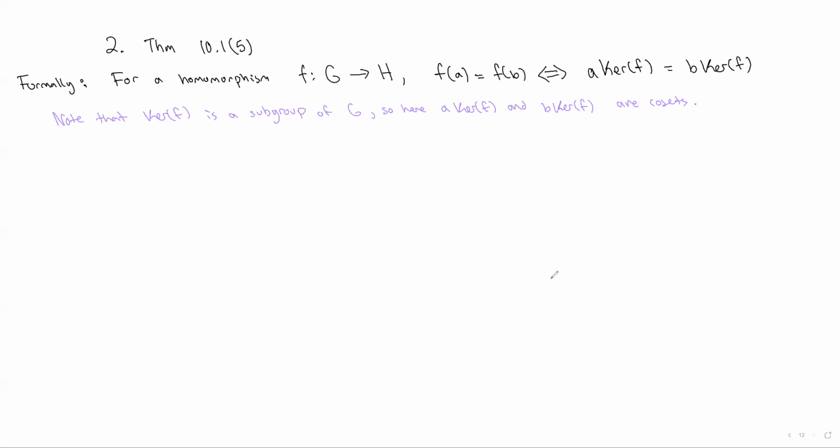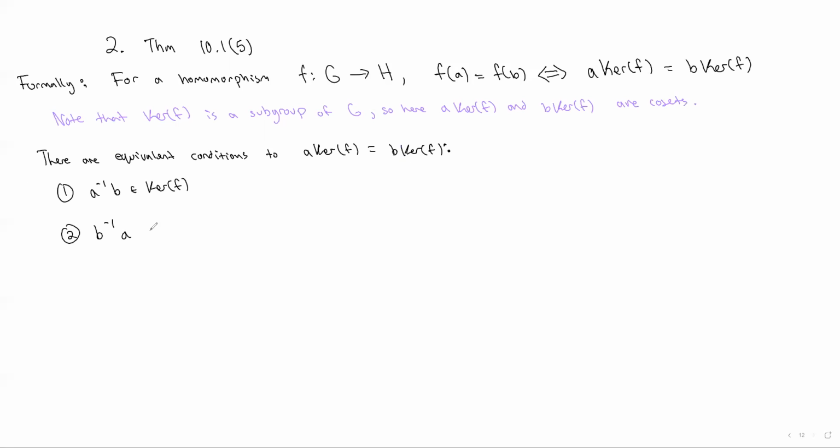Okay, there are equivalent conditions to this. There are different ways of saying that A times the kernel of f equals B times the kernel of f. I'll list some of them. One is that A inverse B is in the kernel of f. That's a different way of saying that A times the kernel of f is equal to B times the kernel of f. Two, B inverse A is in the kernel of f.